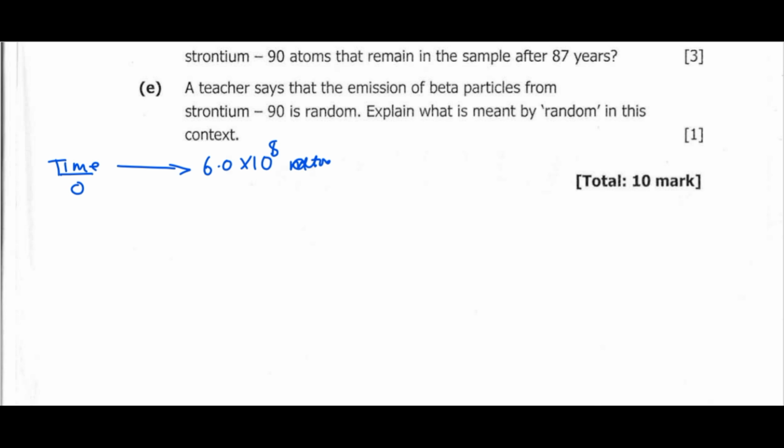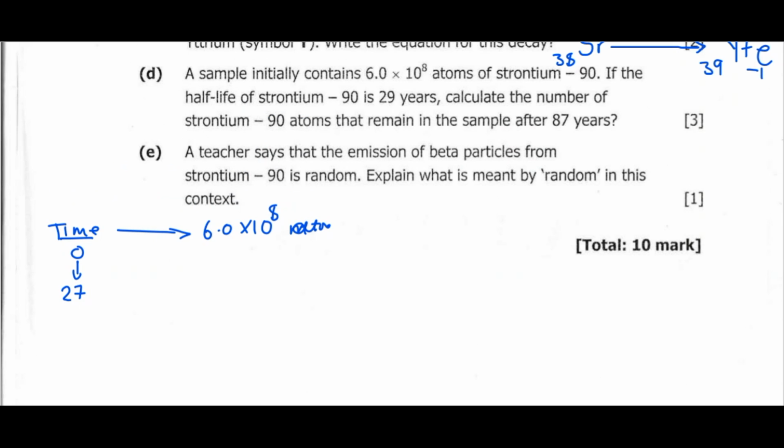Now we are told the half-life is 29 years. So after every 29 years, half of this number will decay. So you multiply by half.